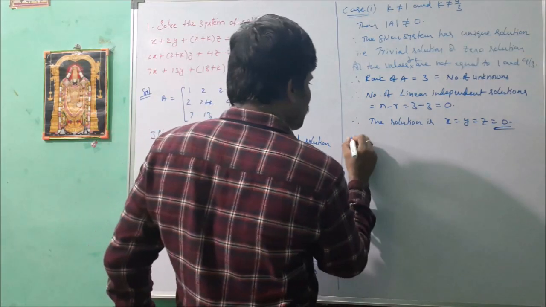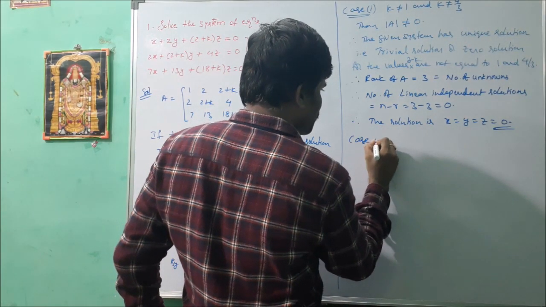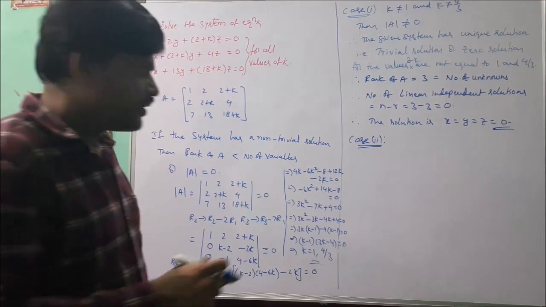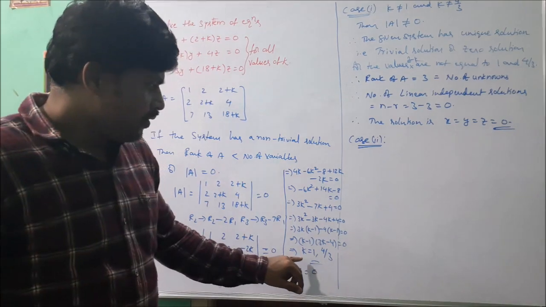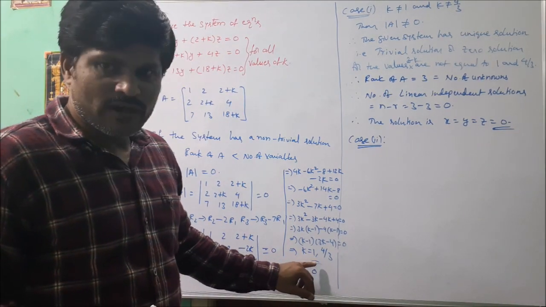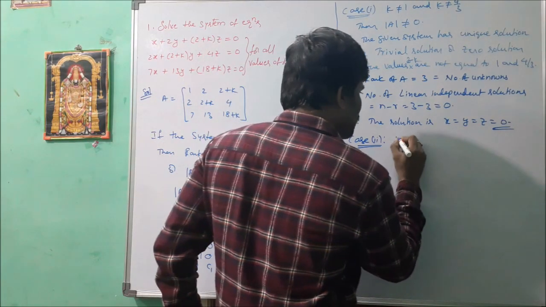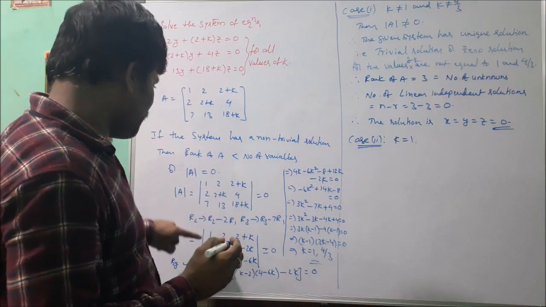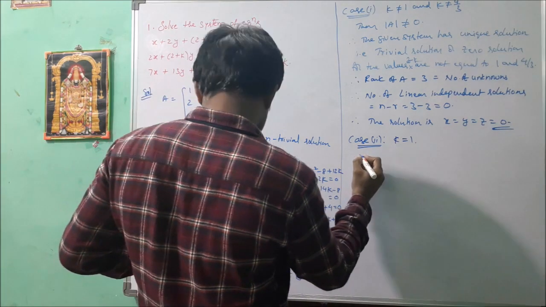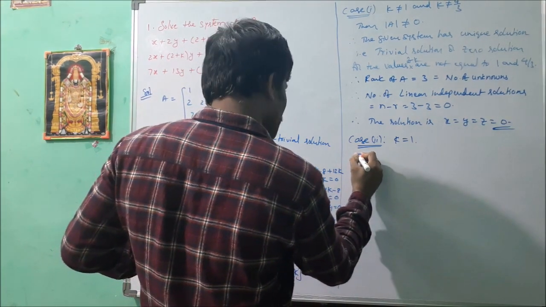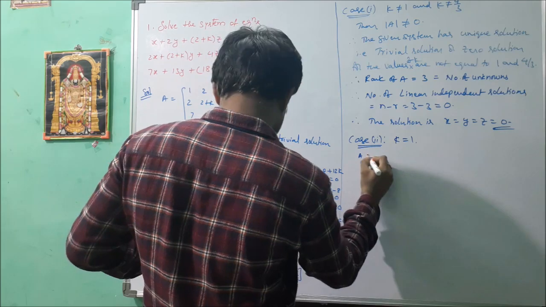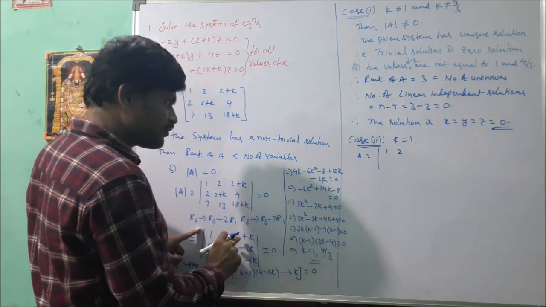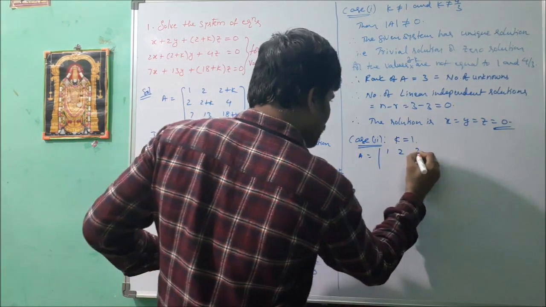Similarly, we take case 2. Now in case 2, we take the value k equals 1. Now the coefficient matrix is: first row 1, 2, 2 plus k, that means 2 plus 1, that is 3.